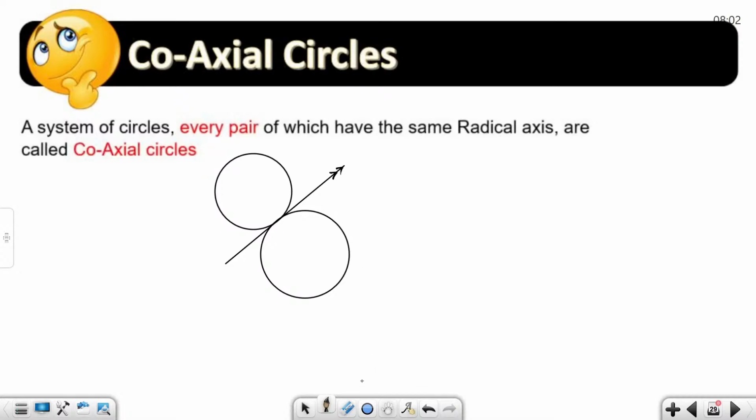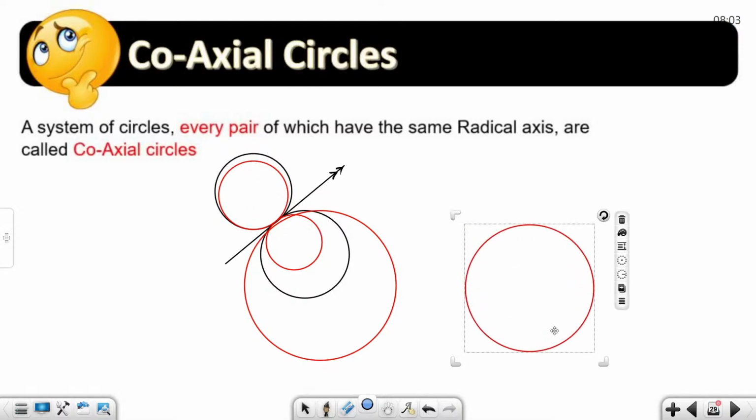Now you see there are an infinite number of circles, a lot of circles on this side as well as on that side.